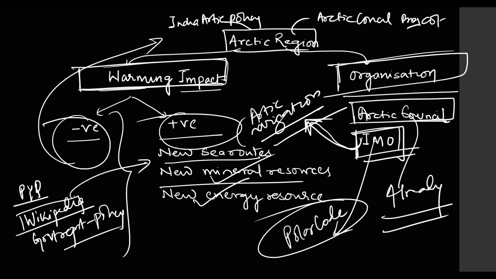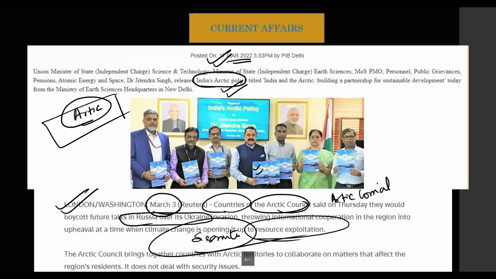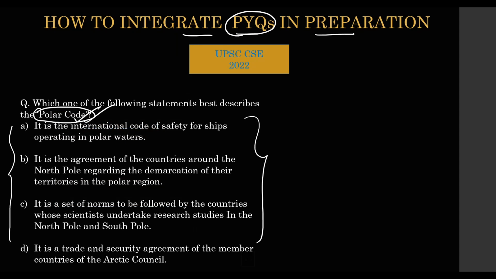They don't do the backward and forward linkage, and they generally don't go to the depth of the topic. Without going to the depth, you will not be able to solve those questions which most candidates will not be able to solve. This question was of that nature, which most candidates will miss.